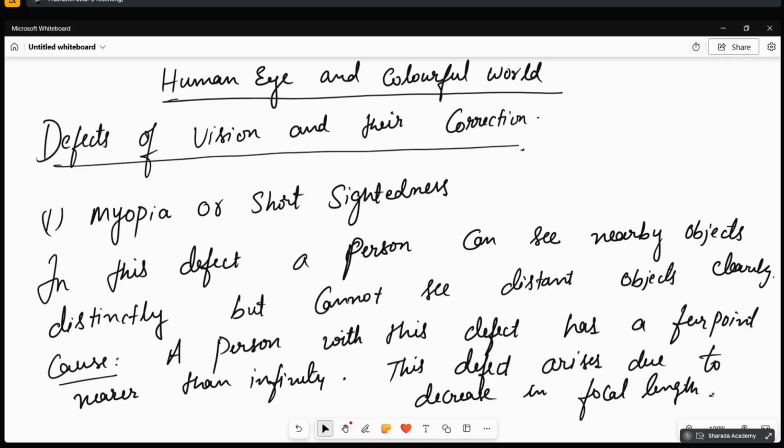Okay, listen. First thing, yesterday we learned when focal length is more, then we can focus on long distance. Here they can't focus on long distance, which means focal length is decreased.